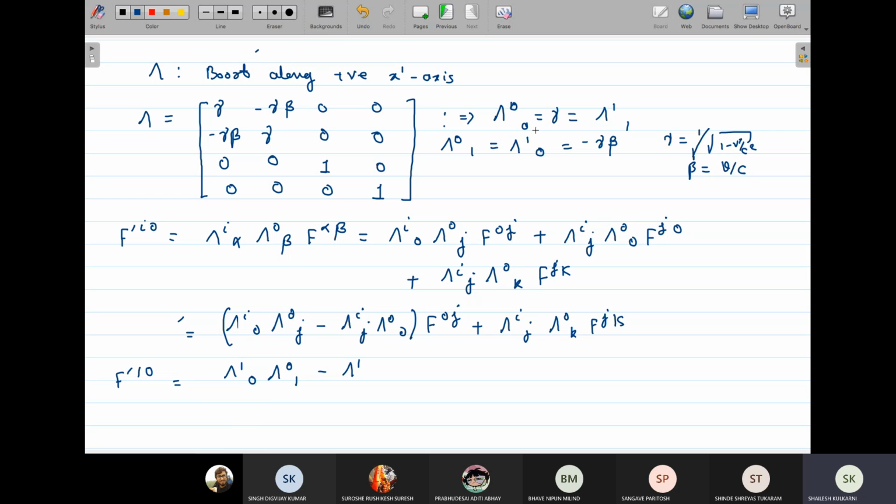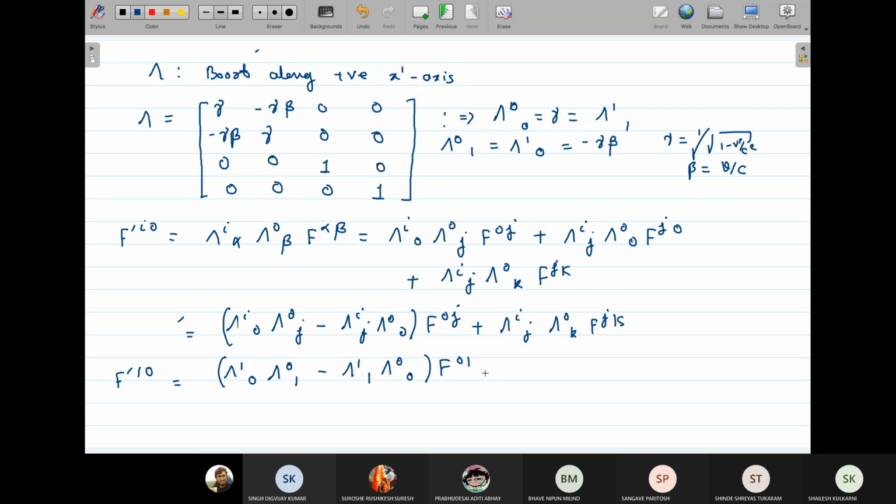If the upper index is 1, then the lower index can be 1 or 0, nothing else. But j cannot be 0, so j has to be 1: lambda 00. So this will be equal to F01.